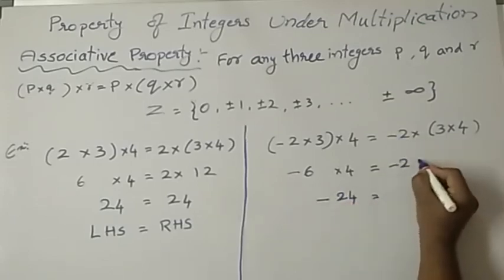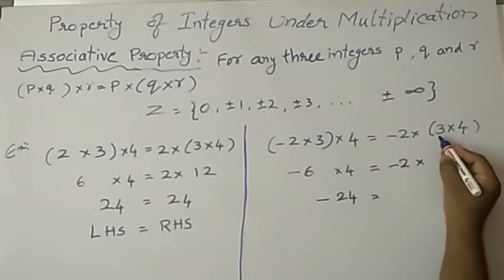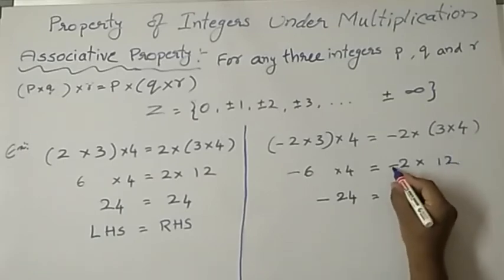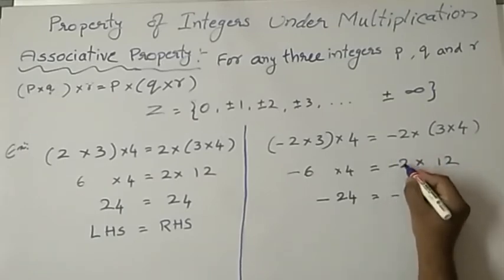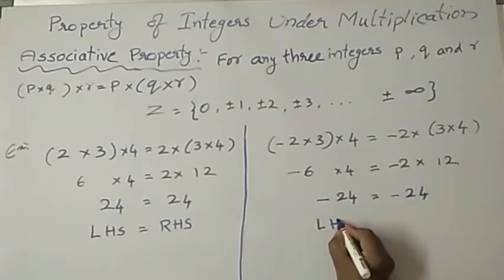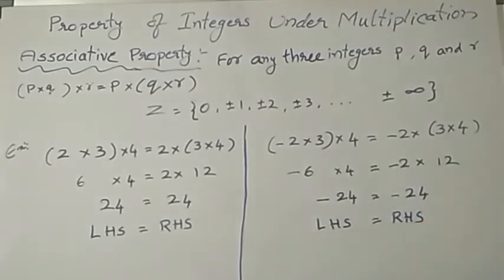Here minus 2 as it is, and inside the bracket, first that one we want to operate. So here 3 into 4 is 12. So minus into plus is a minus. 2 12s are 24. Now we got LHS equals RHS. By this we can conclude associative property is satisfied under multiplication in integers.